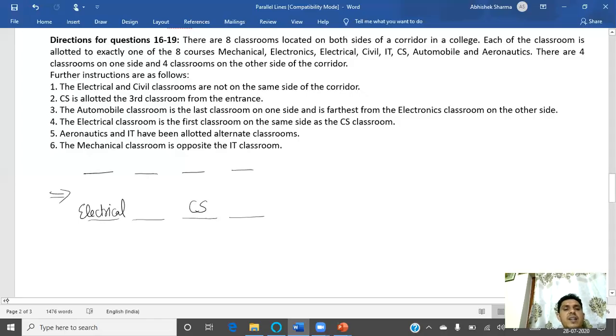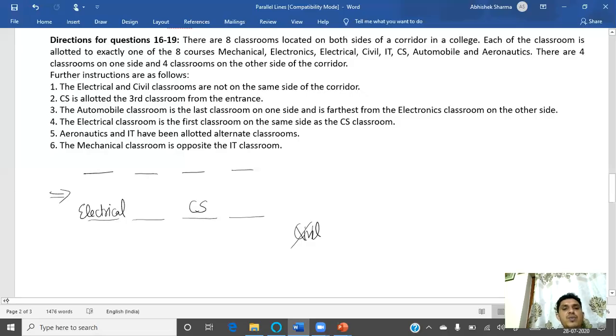Okay, so friends, let us read once again. The first statement is, the electrical and civil classrooms are not on the same side of the corridor. That means if electrical is here, civil cannot be here, right? Civil will not be here. Okay, CS is third. This has been done.